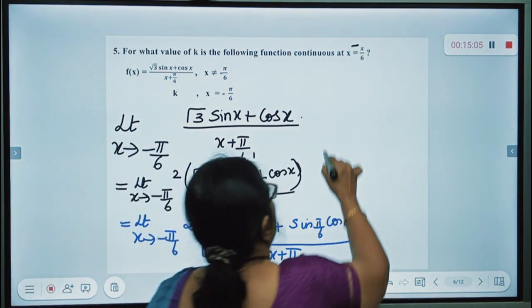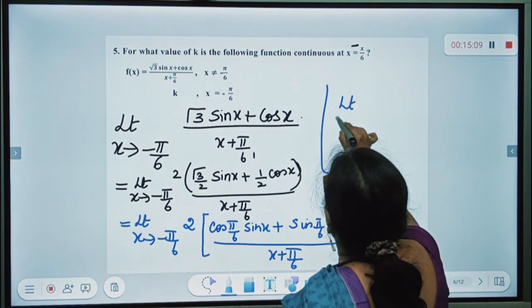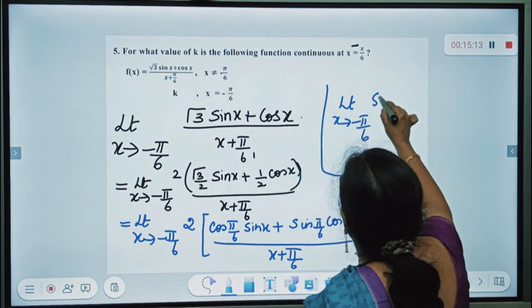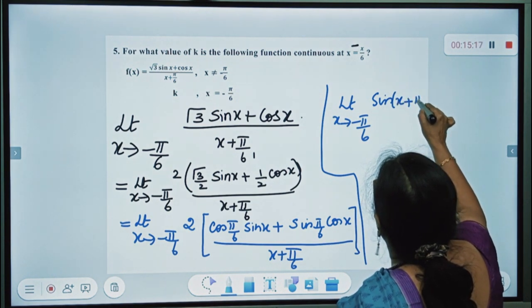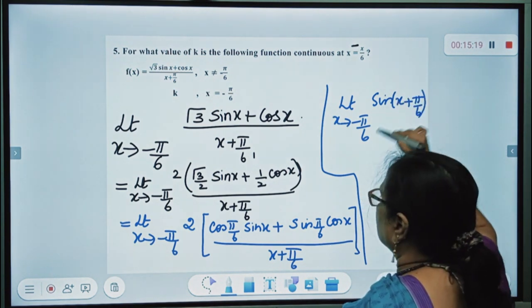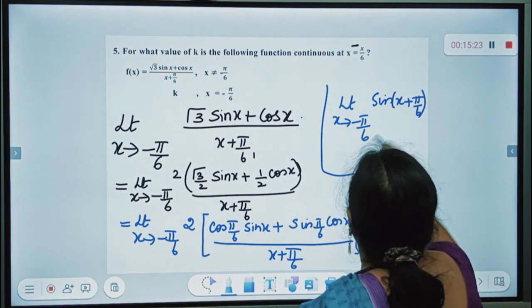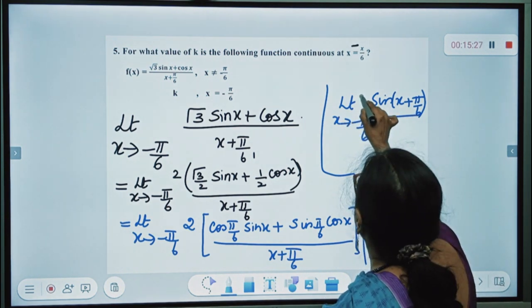This you can see is limit x tends to minus pi by 6 of sin of x plus pi by 6, which is sin x cos pi by 6 plus cos x sin pi by 6, divided by, we also have a 2 here.